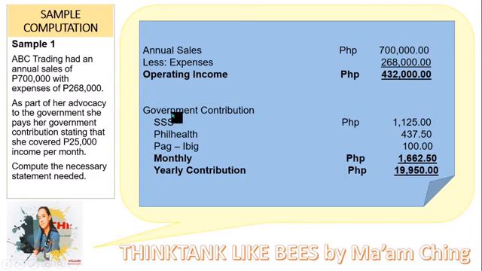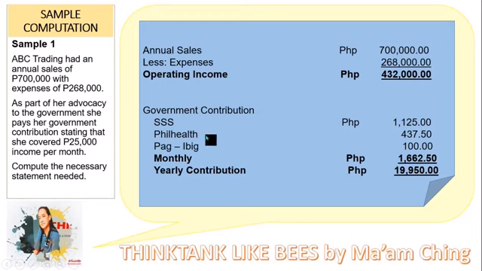Okay? And then the government contribution, it says here that she intends to contribute 25,000 per month. So SSS, if we take a look at the table of the SSS, 25,000 is maximum. So it's 1,125 a month for the employee.